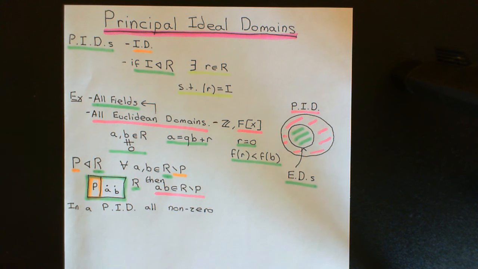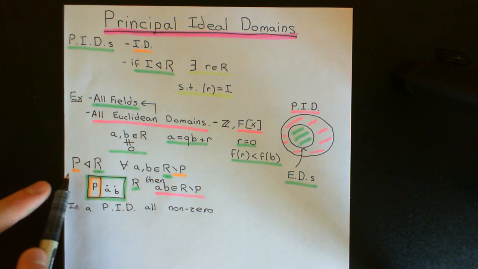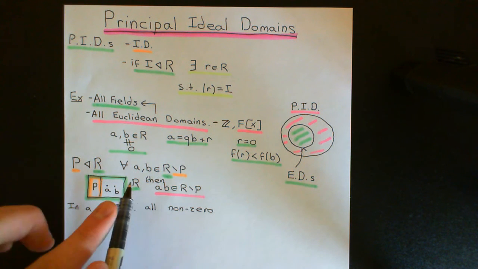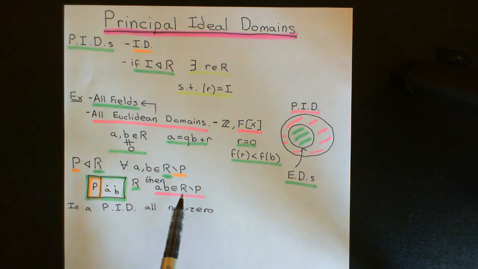The reason for that is that it will obey this criterion. If we substitute in for P the zero ideal, the only element of the zero ideal is 0, so the only way we can get two elements to multiply together to give 0 in an integral domain is if one or both of them is equal to 0.